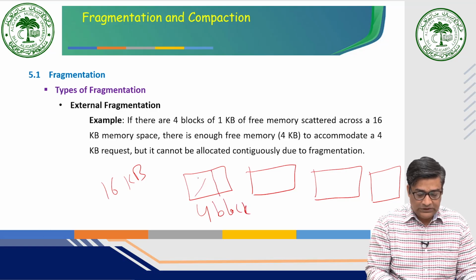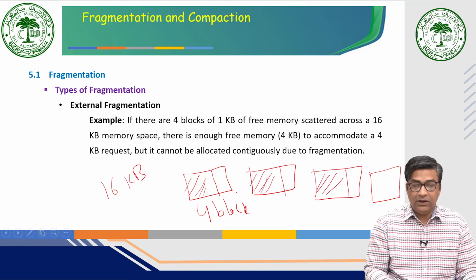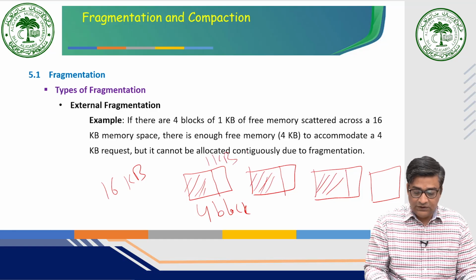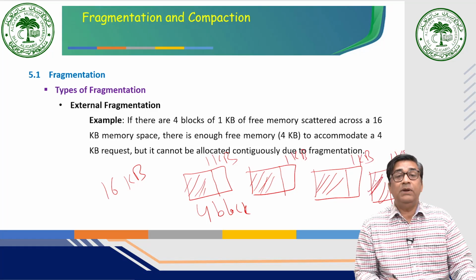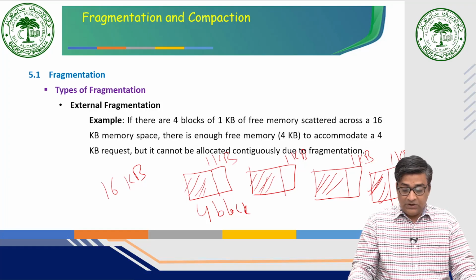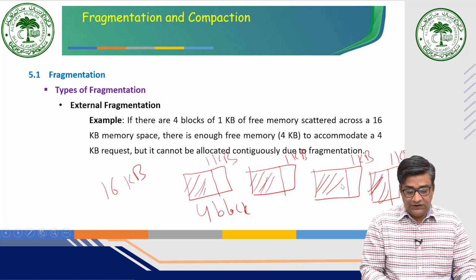Suppose some program is using only 3 KB of the space, and this 1 KB is free, but this free space is scattered. This is the problem that leads to external fragmentation, because you cannot use these free spaces.